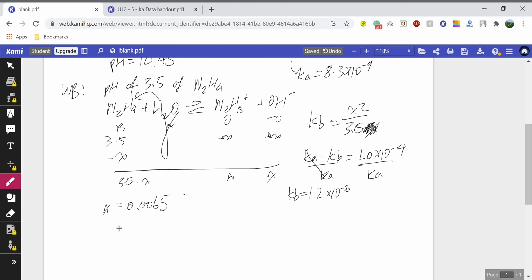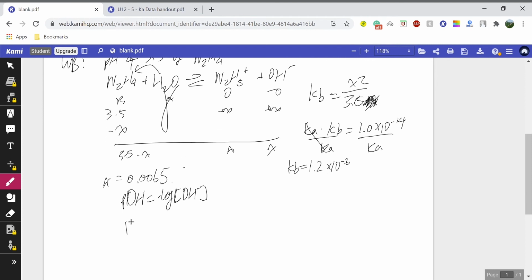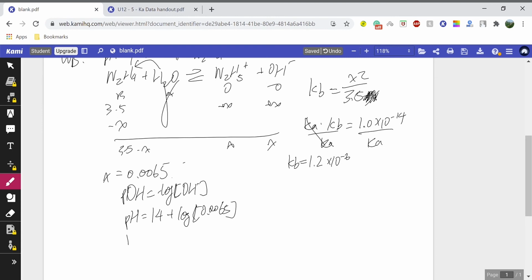What is X? X is the concentration of OH minus. pOH is equal to the negative log of the concentration of OH minus. So we can find pH by using 14 plus the log of 0.0065.